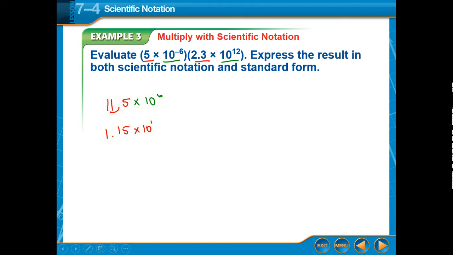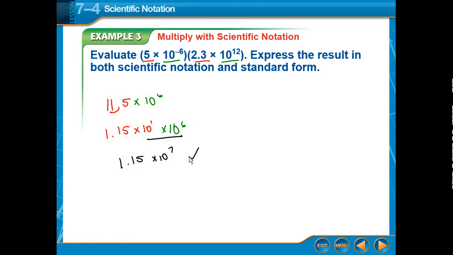And then I have still times 10 to the 6. So all I did is I wrote 11.5 as 1.15 times 10, which is 11.5, right? Now I can combine those together. So I'm going to end up getting in the end 1.15 times 10 to the 7th, adding exponents because I'm multiplying with the same base. Now I'm in scientific notation.